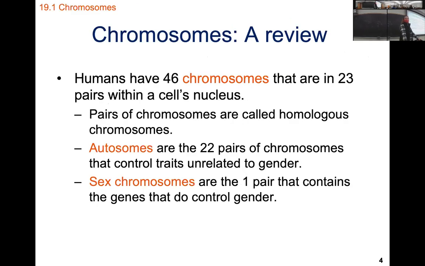So just a little bit about chromosomes. Normal humans have 46 chromosomes, so that makes 23 pairs. When we have 46 chromosomes with 23 pairs, that makes us diploid. It means that we are 2N. Our sex cells are 1N.